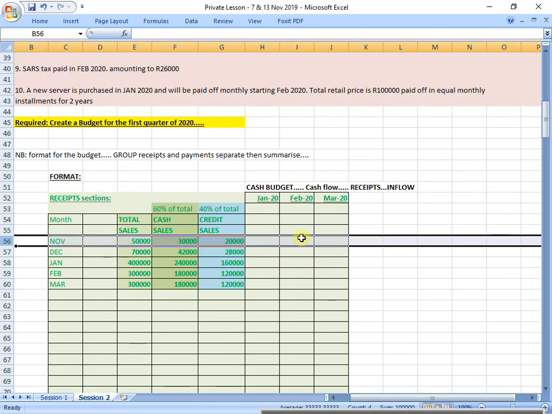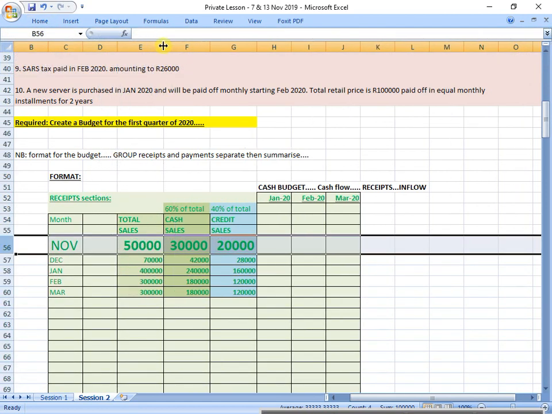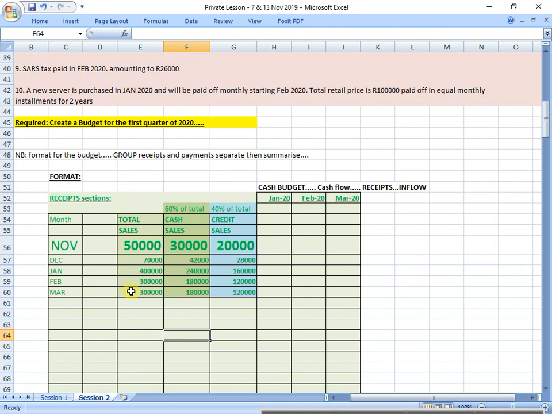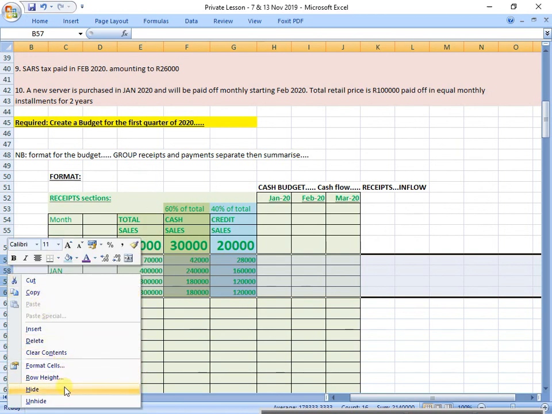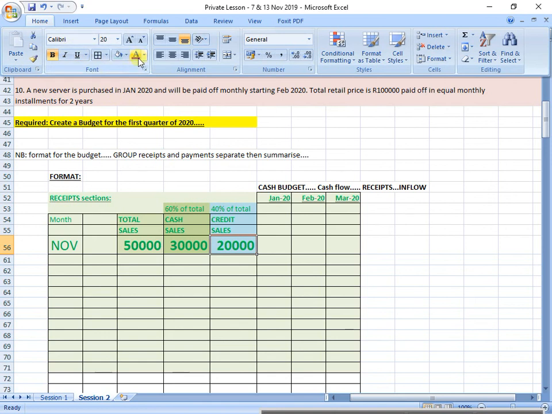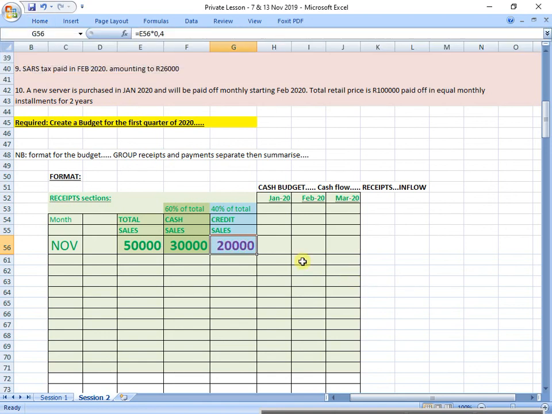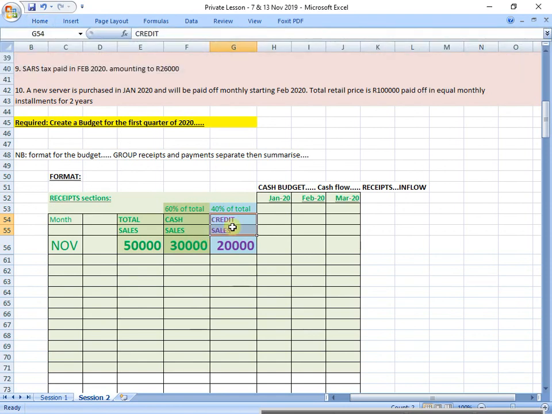So if I look at this row, what month am I looking at? I'm looking at November. Forget about all the other months. Ignore them for now. I'm only looking at November, and I'm focusing on the credit sales. Do you see that?